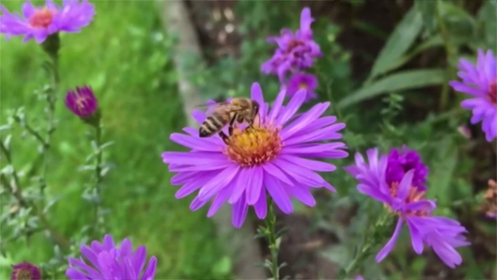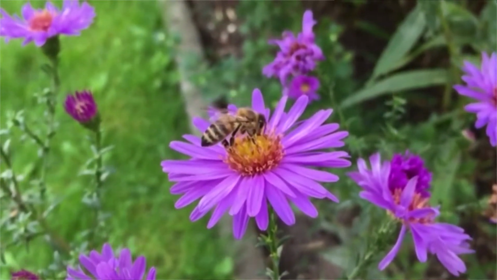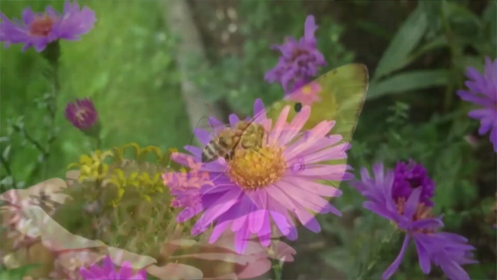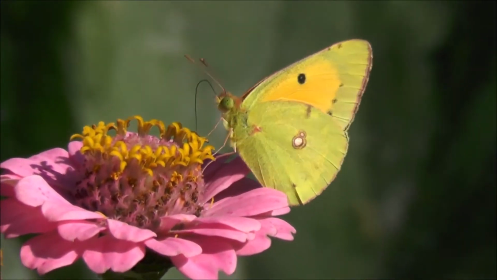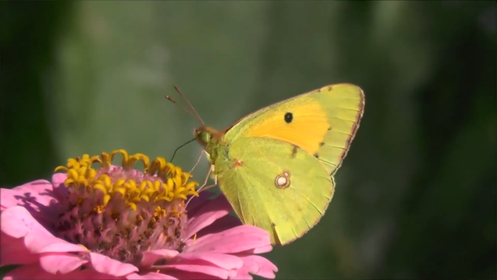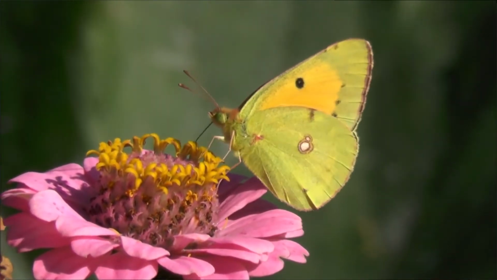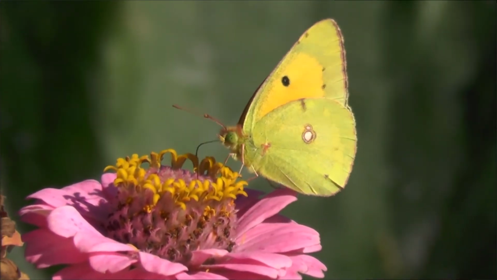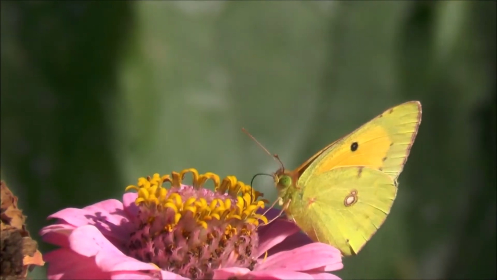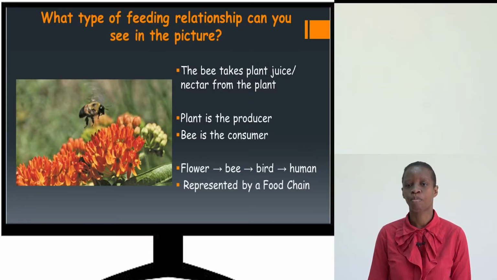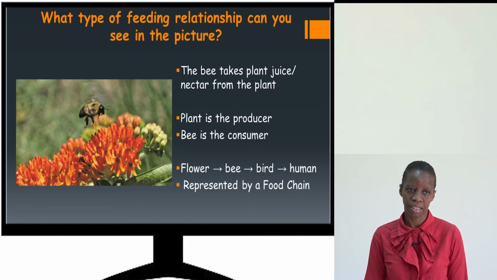And so the bee, or we have other insects, butterfly, and so on, they visit the plant, not just because the plant looks pretty, but because they want some juice, some nectar from the plant, right? Good. And so that picture is showing a particular type of feeding relationship, right?